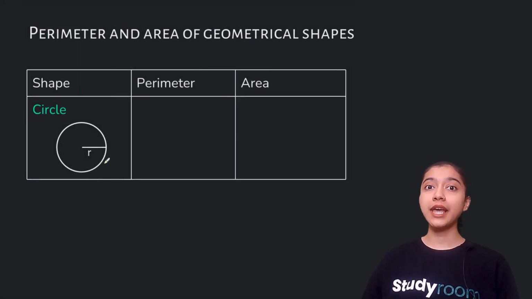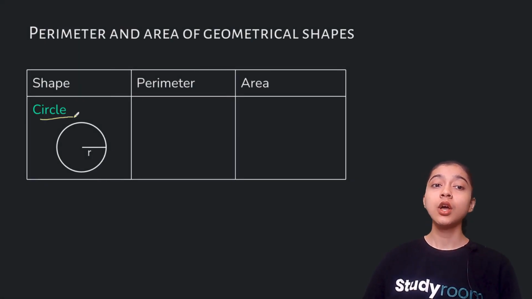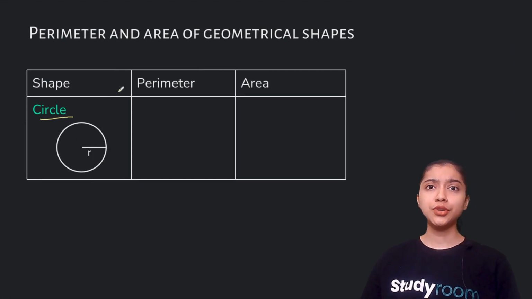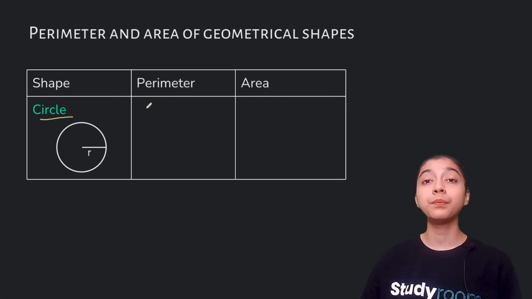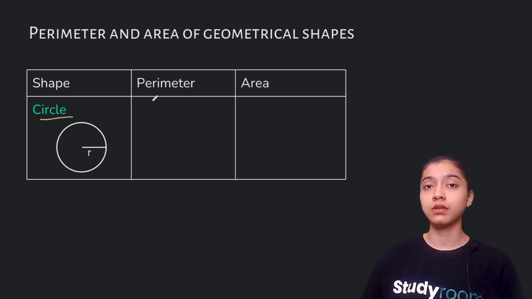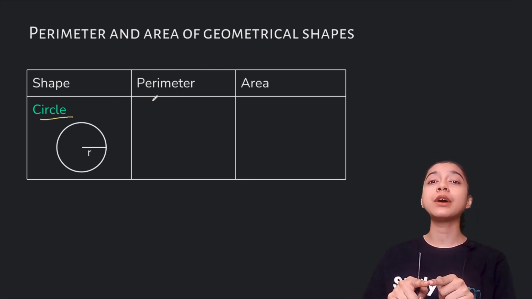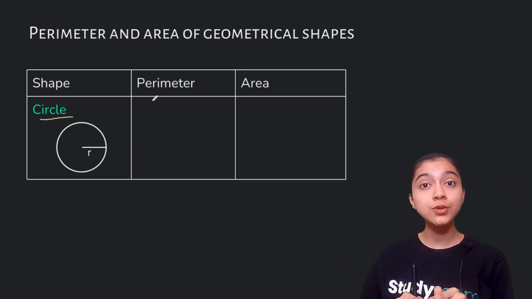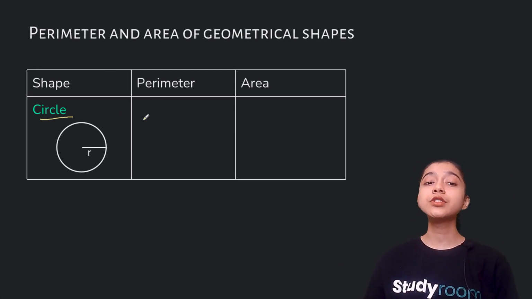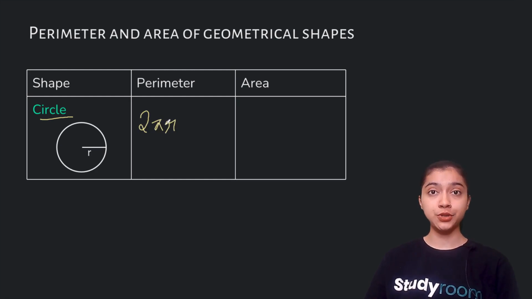The next shape that we have over here is a circle whose radius given is R. Okay, the unit is not mentioned, it's simply R. So in general, when we write the perimeter of the circle, remember one thing. The perimeter of the circle is equal to the circumference of the circle. The entire length of this boundary is known as perimeter and that is also known as circumference. So the circumference of this circle whose radius is R is given as 2 pi R. So this will be the perimeter of the circle.